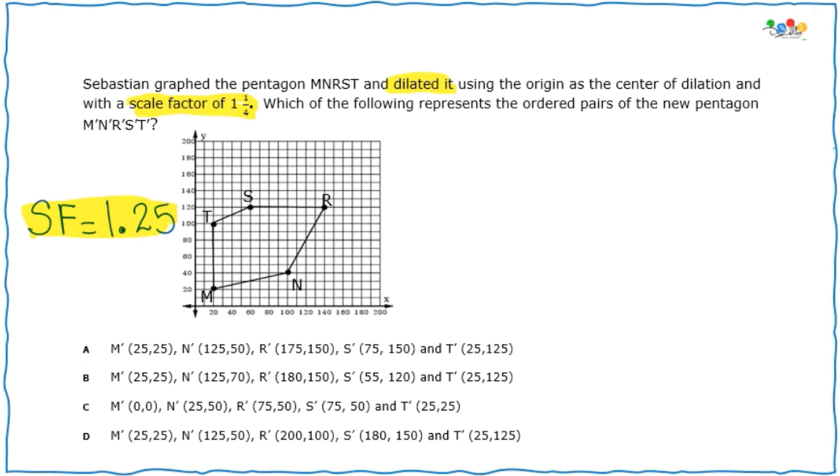Well, if you notice, they're giving you the labels with no apostrophe, right? Therefore, if it's not an apostrophe, that means this is your pre-image. And if that's the pre-image, then this one here will be my image.